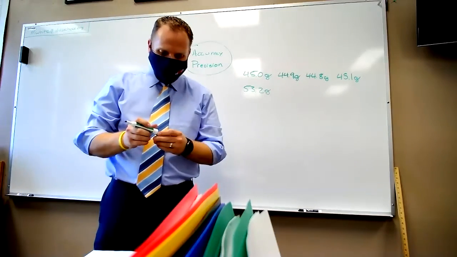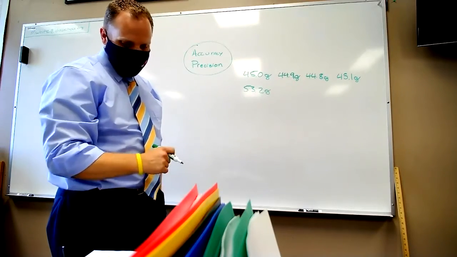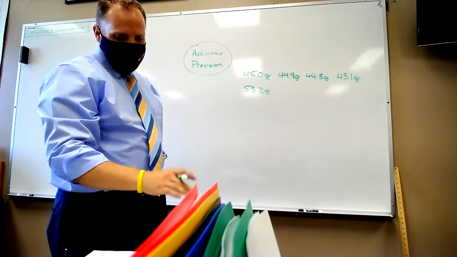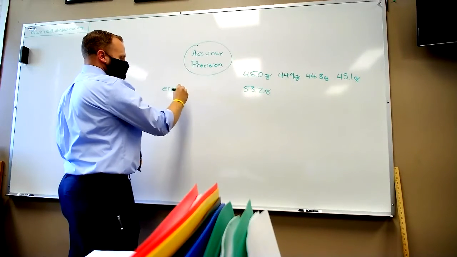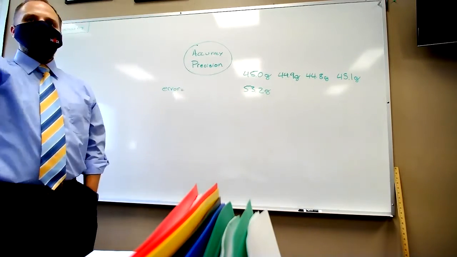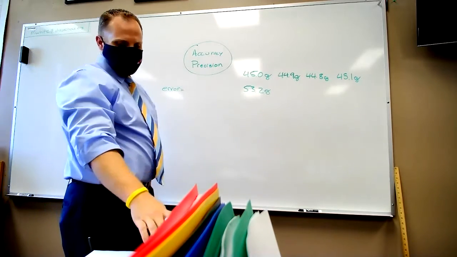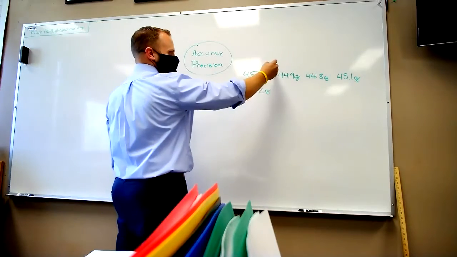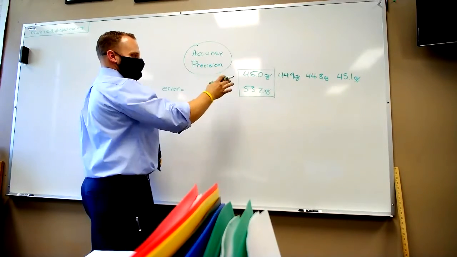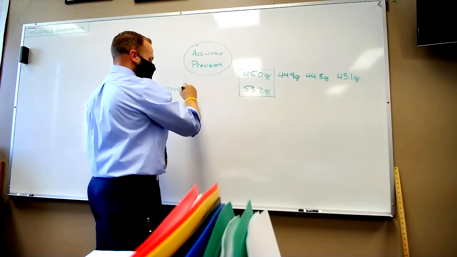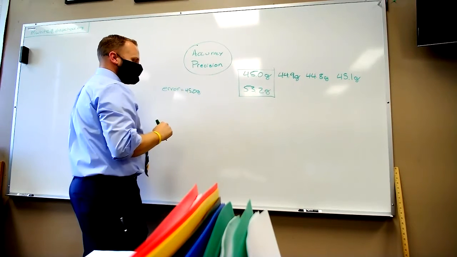Well, we have a couple equations here. These are on page 48. So the error equation, the error is really just how far off the accepted value are you, okay? So we take the experimental value, which let's go with this set of data here. So the experimental value, what we measured was 45 grams, okay?